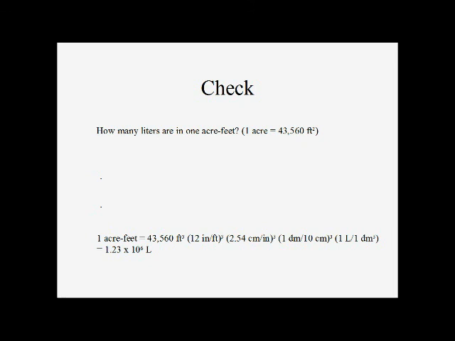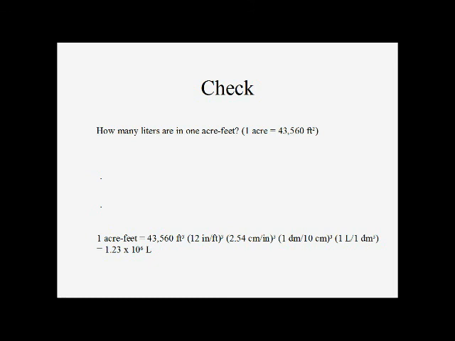So we know there's 12 inches in a foot. We know there's 2.54 centimeters in an inch. We know there's 1 decimeter in 10 centimeters, and that there's 1 liter in 1 cubic decimeter. So we go through and check the units. Now on this we have cubic feet.